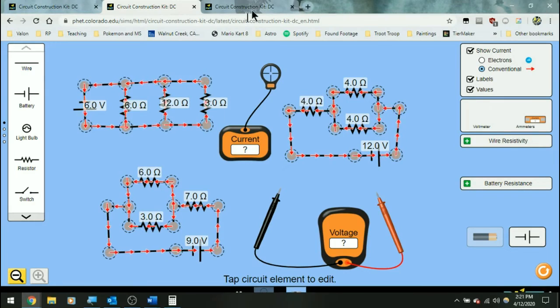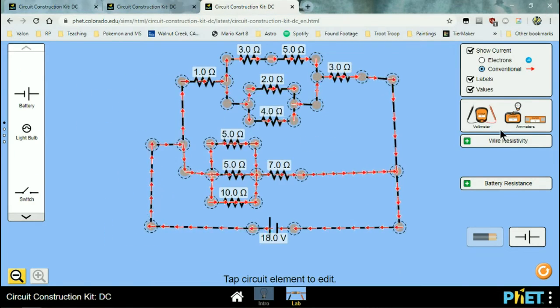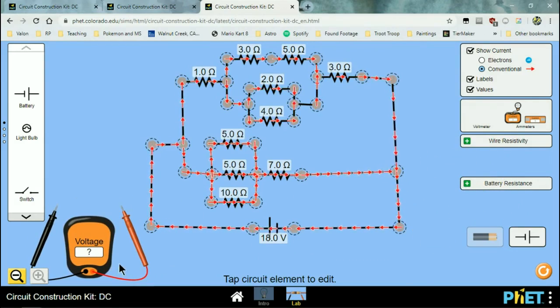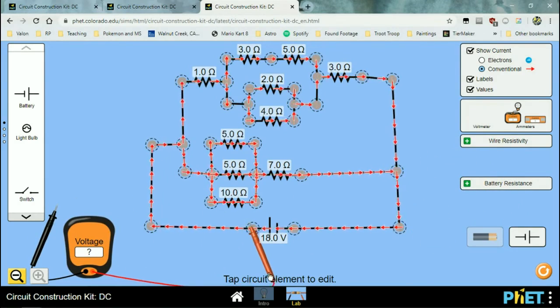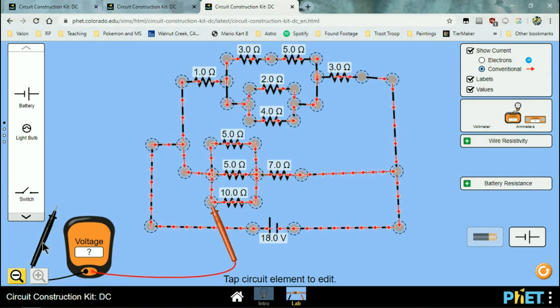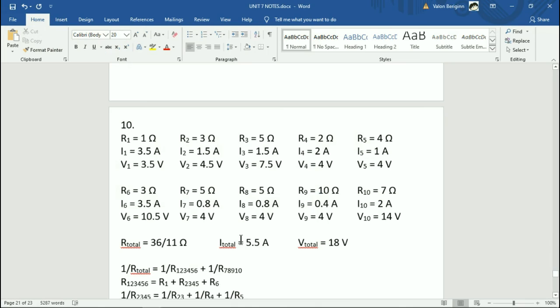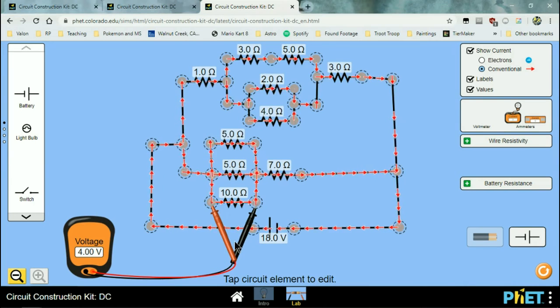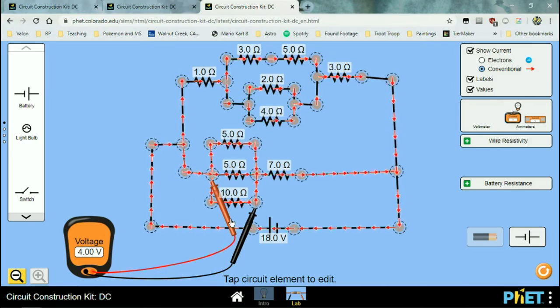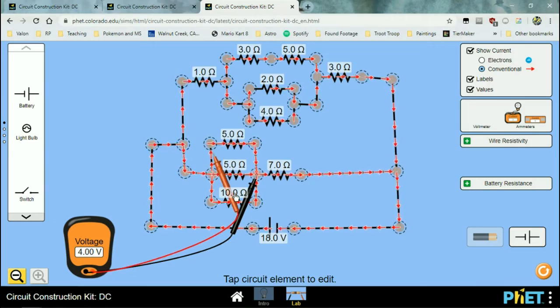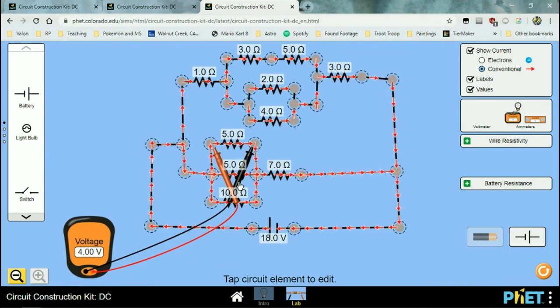I did build this circuit, so let me see. Maybe I'm just being stupid. Okay, let me actually see if I got this right. Let me just make sure I got my numbers right here. So, this way and then this way. 4. Which one is that? 4. Okay, so that's 9, right? Yeah, it's 9. Those are 4. That's 4, and that's 4.